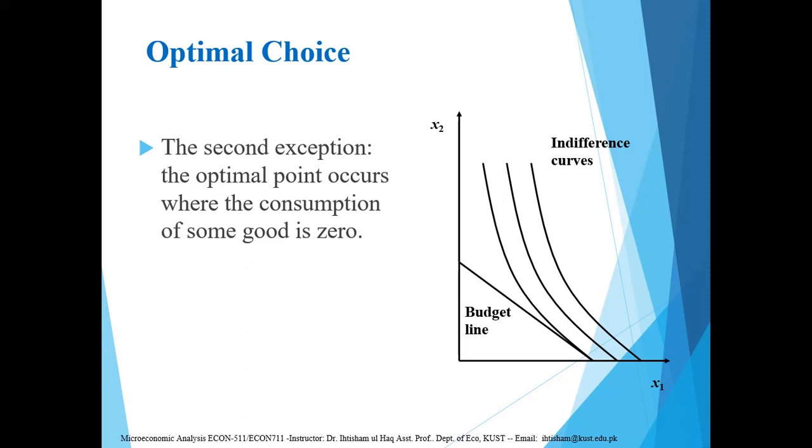So if the budget is not allowing our consumer to consume on any higher indifference curve, or it cannot touch the indifference curve somewhere here or here, the optimal choice is taking place at the boundary of the horizontal axis, and our consumer is consuming x1 star level of good x1.